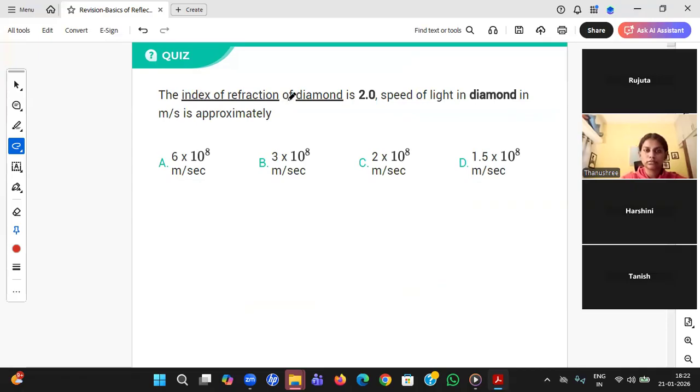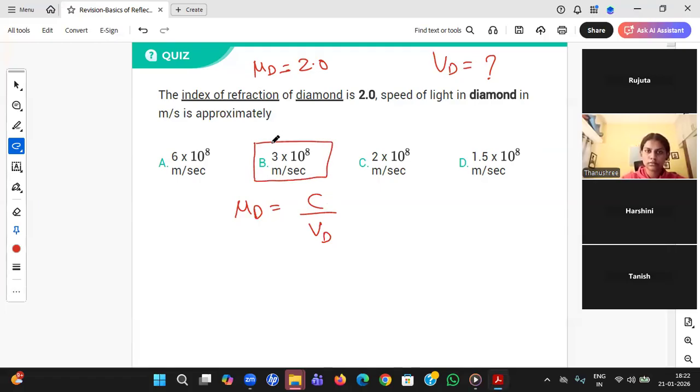The index of refraction of diamond, mu of D, is 2.0. The speed of light in diamond, V of D, is asked. The formula connecting both of them is mu of D equal to C by V of D. No, Rujuta. How can a diamond have a speed this big?